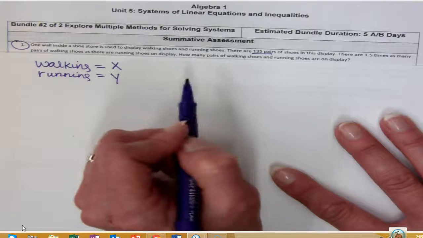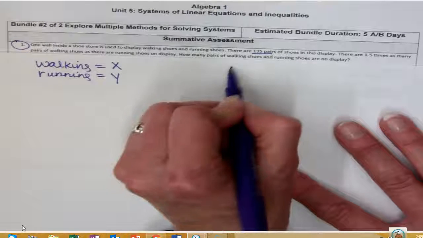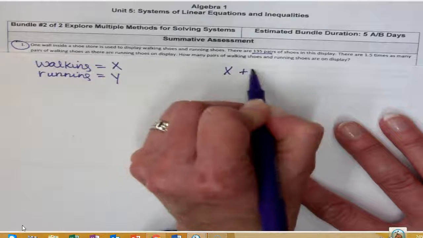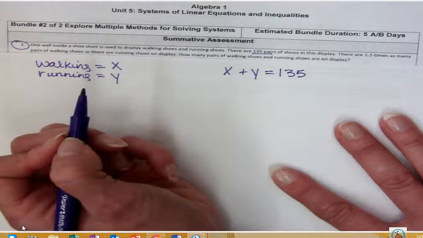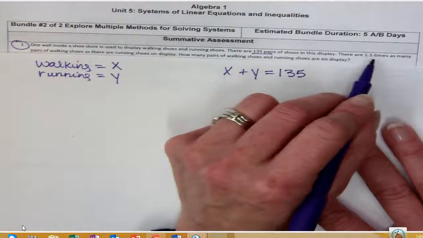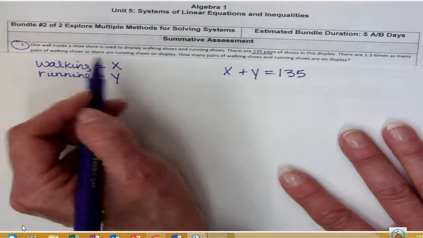So right there we know that when we add the number of walking shoes plus the number of running shoes, it's going to be 135 pairs of shoes. That's what they're telling us. We also know that there are 1.5 times as many pairs of walking shoes as there are running shoes on the display.